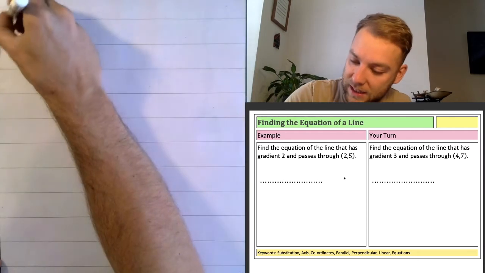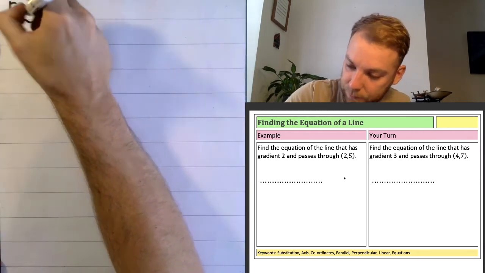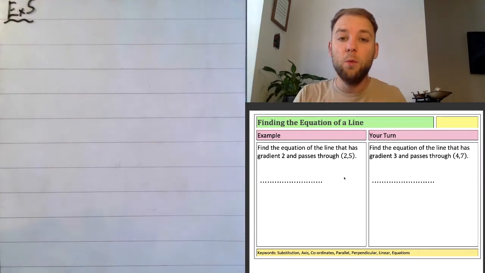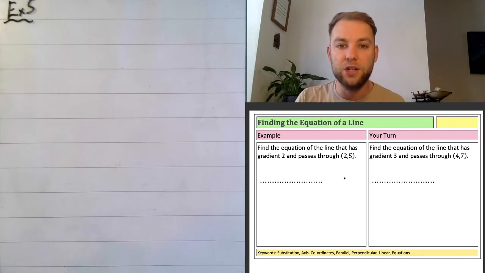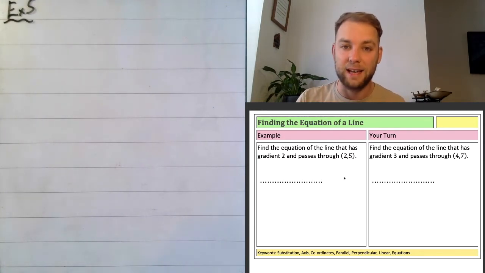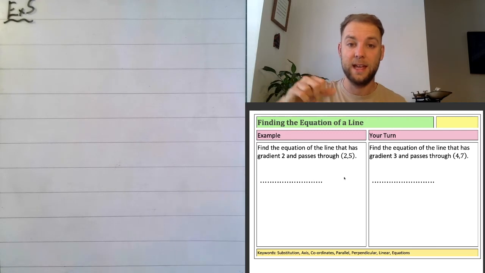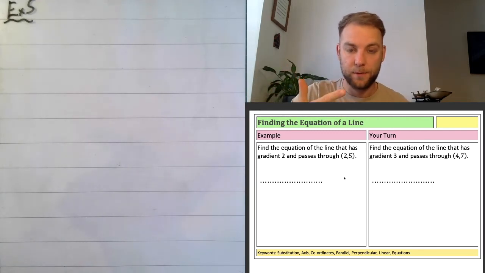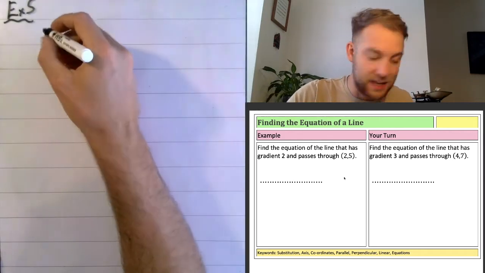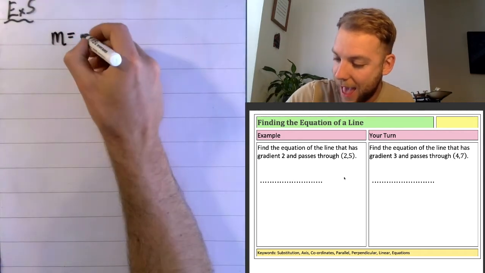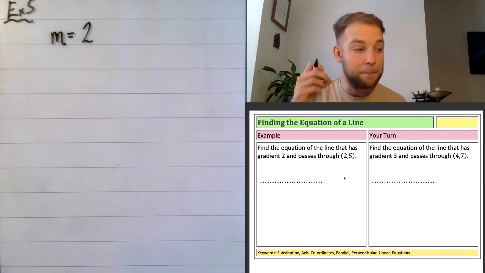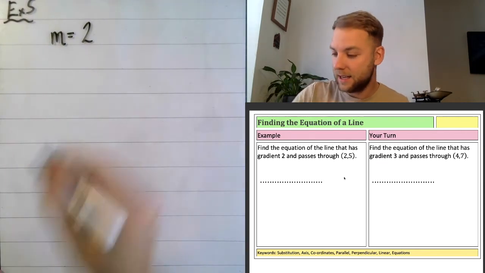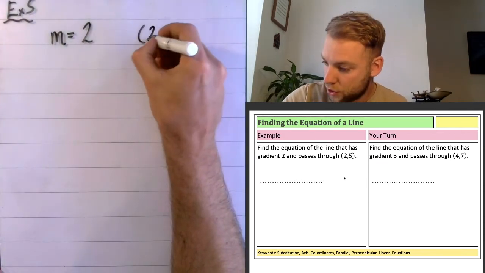So this one here is example 5. When you are trying to find the equation of a line, you always need two things, okay? The gradient and any point. So my gradient in this case we know is 2, so straight away I can say that m is equal to 2. And my coordinate in this case is equal to 2, 5.